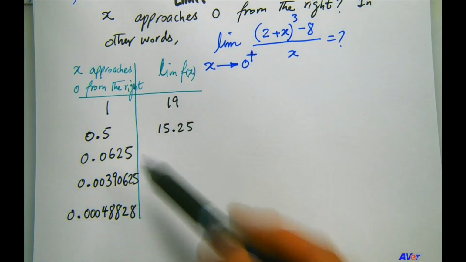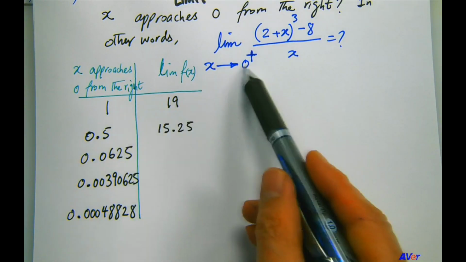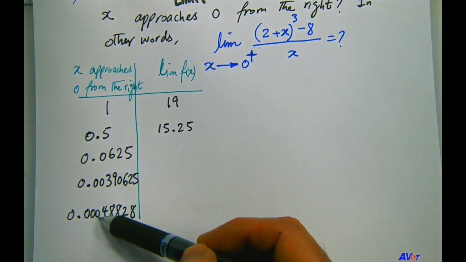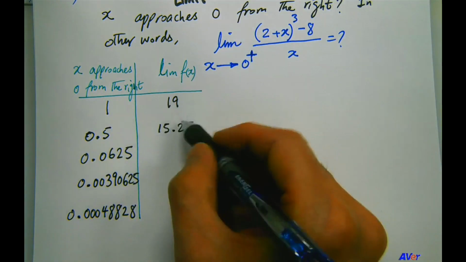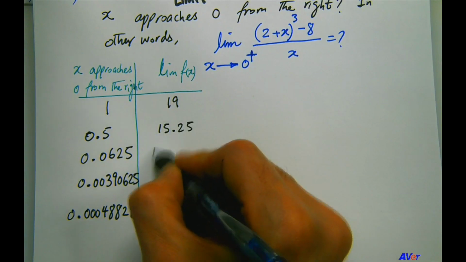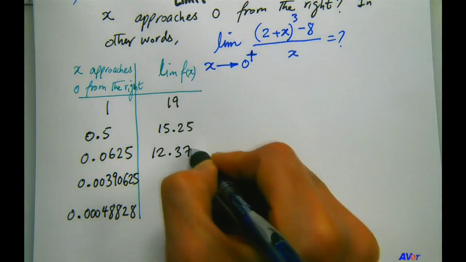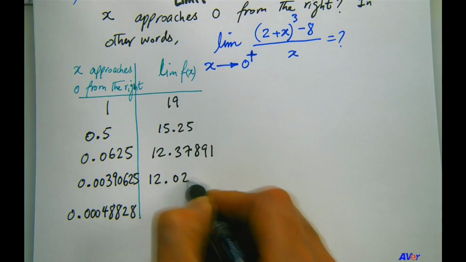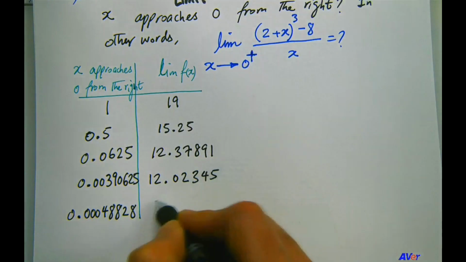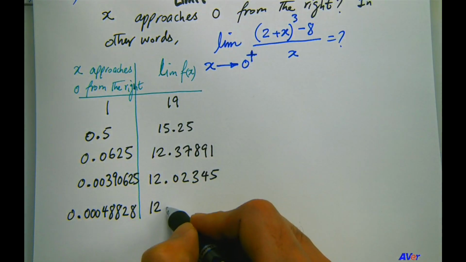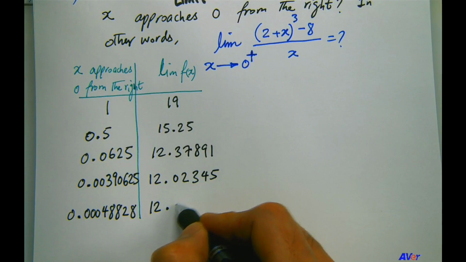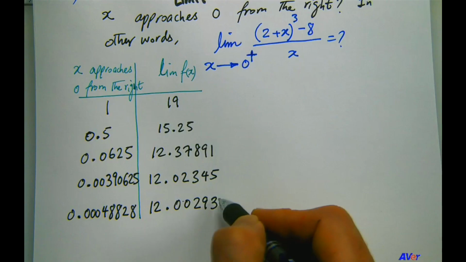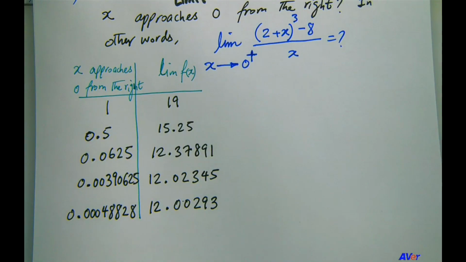As x gets closer and closer to 0 from the right, what happens to the value of the function? Do you see the trend? What value is the function approaching then?